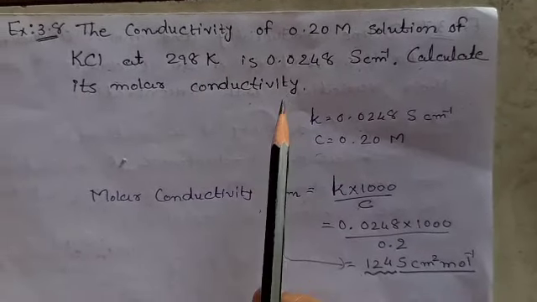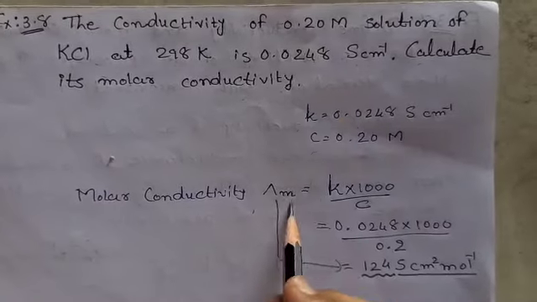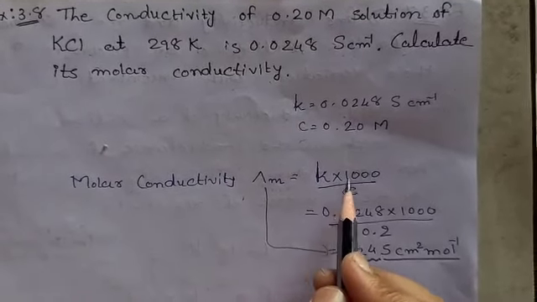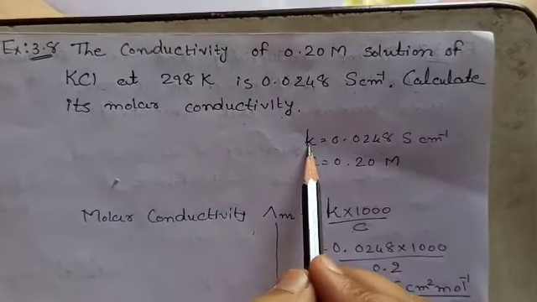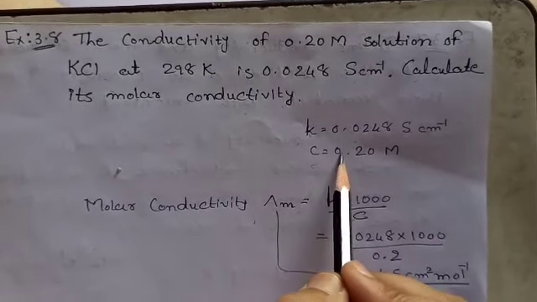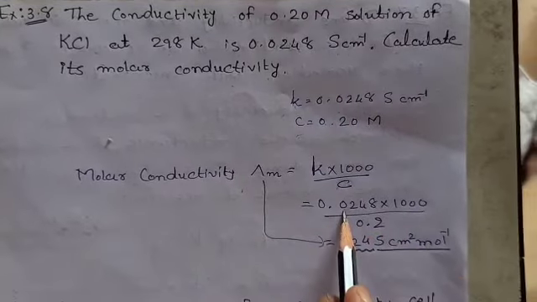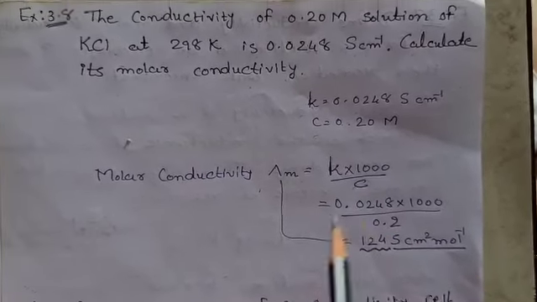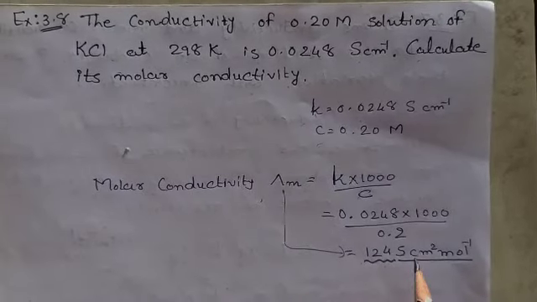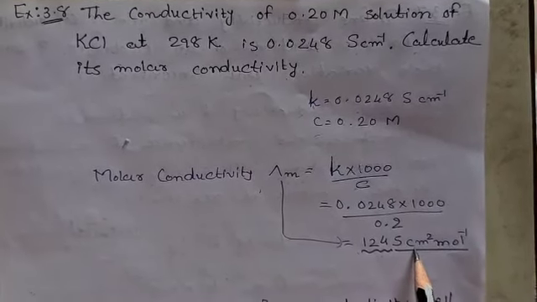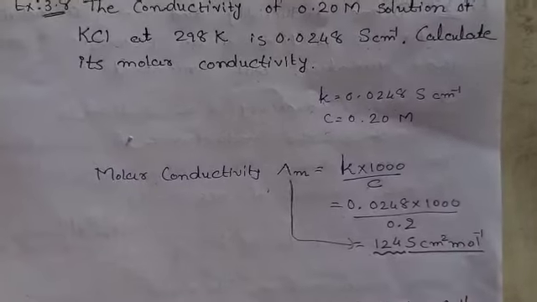We have to find its molar conductivity, which has the formula conductivity into 1000 divided by concentration. Here conductivity and concentration both are given. Replace the values and simplify, you will get the answer: molar conductivity is equal to 124 Siemens centimeter square mole inverse.